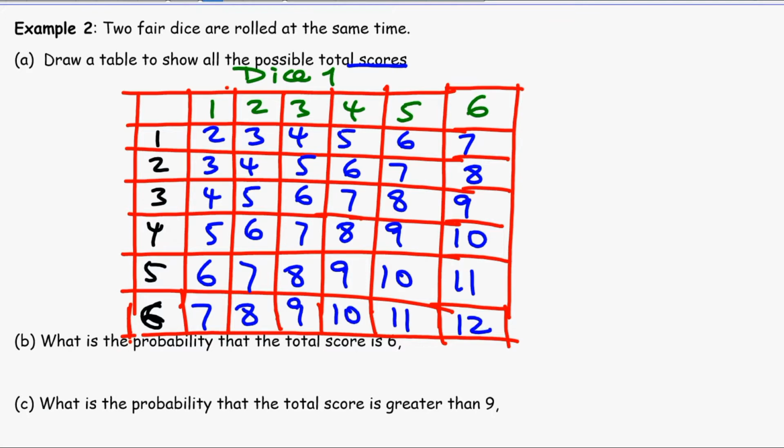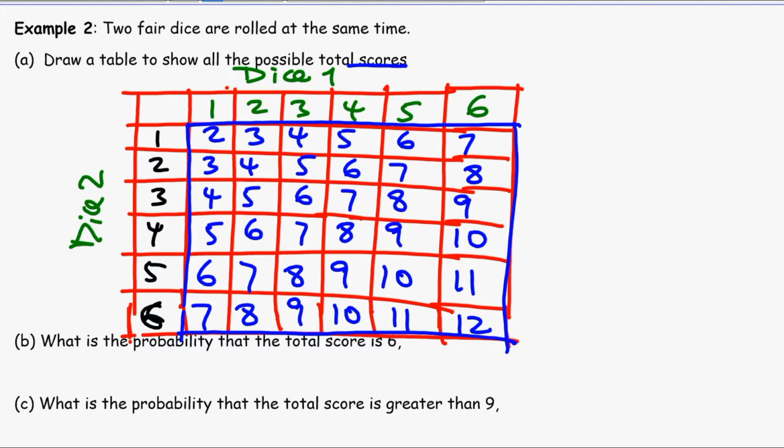Now, what I want you to look at here is these are the possible outcomes. Remember, this is the second die, dice 2. The possible outcomes are basically these here. So you have a total of 36 possible outcomes.